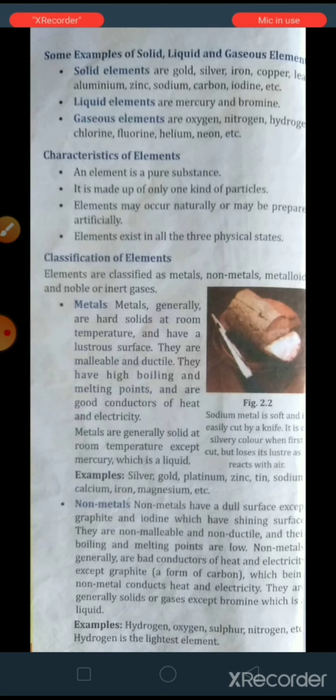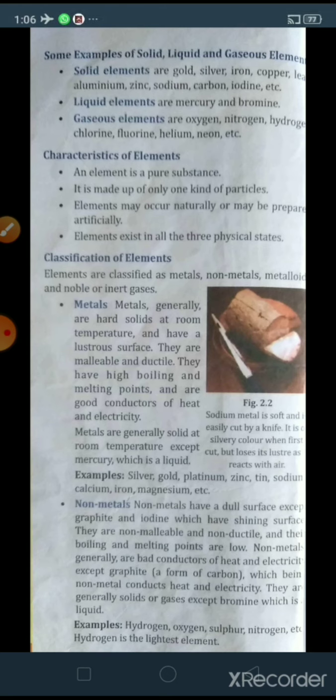Okay, and non-metals are basically solids or gases, but bromine is a liquid which is a non-metal.